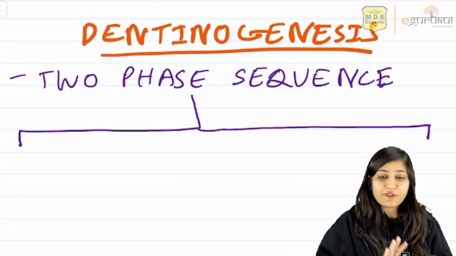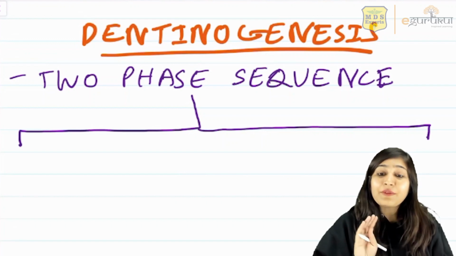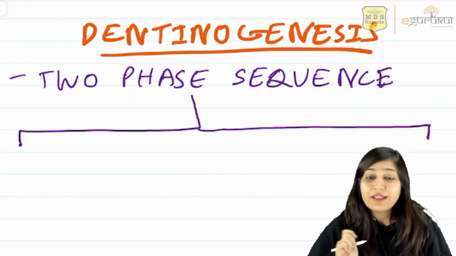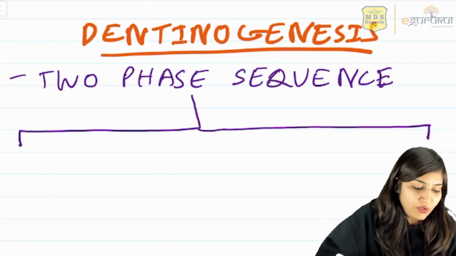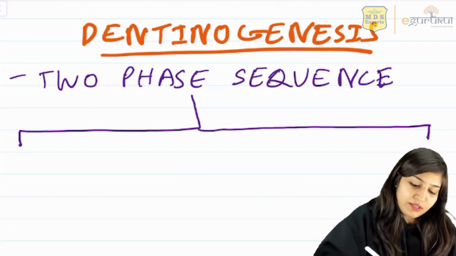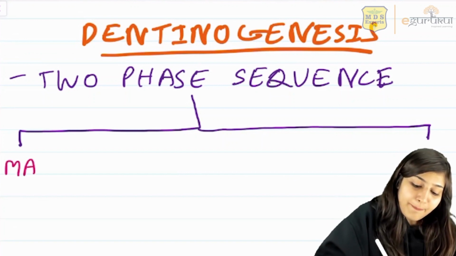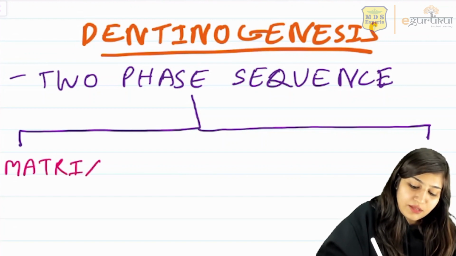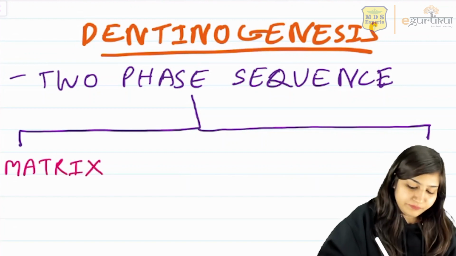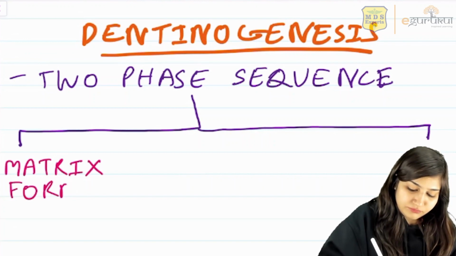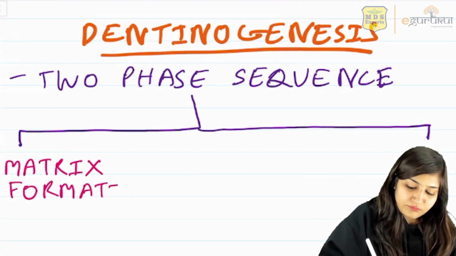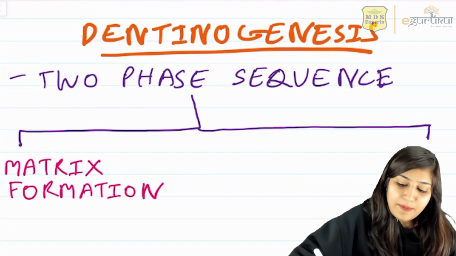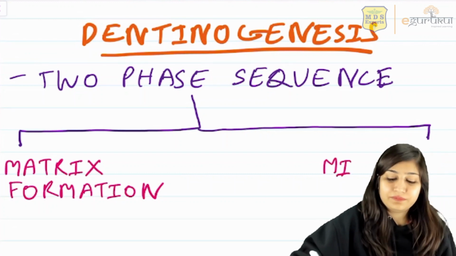Once matrix is deposited, then only mineralization will start. So first is matrix formation, and the next is mineralization.